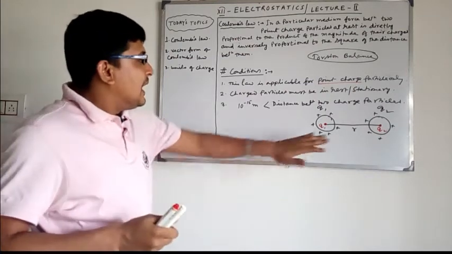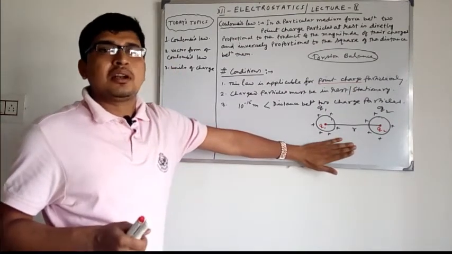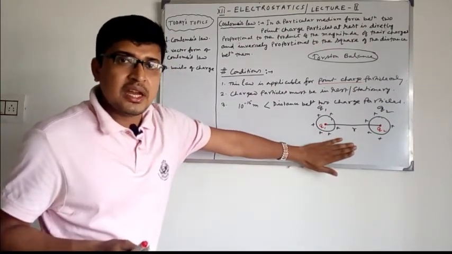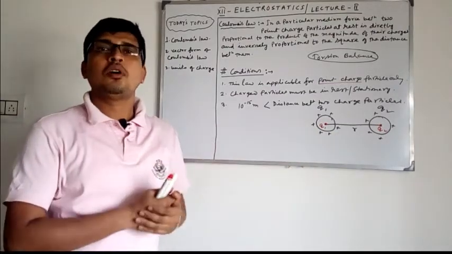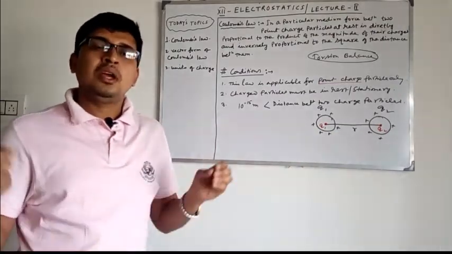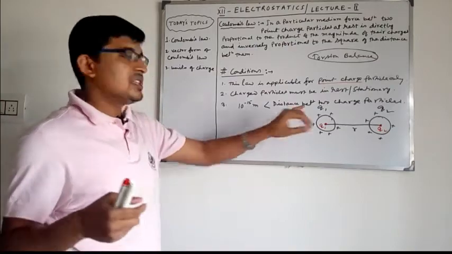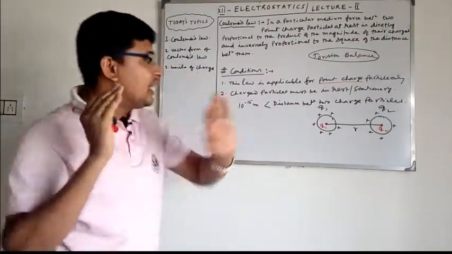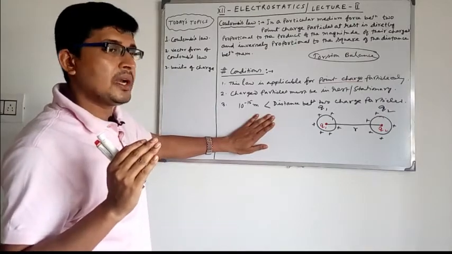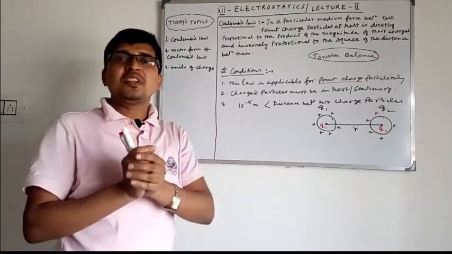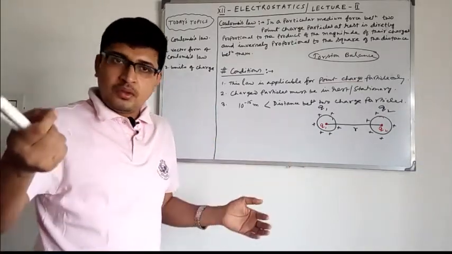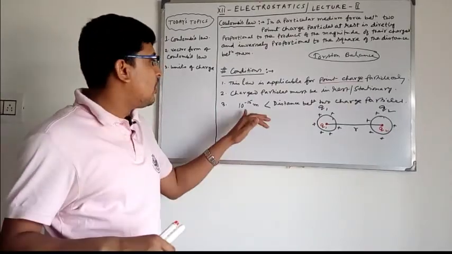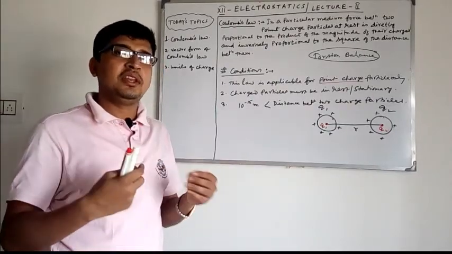But here is the answer to this question: Coulomb's law is not applicable if the distance between the two charged particles is less than 10 to the power minus 15 meter, and we know that the dimension of the nucleus is in the order of 10 to the power minus 15 meter.